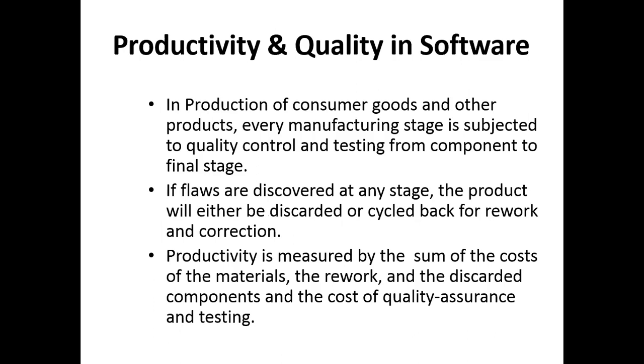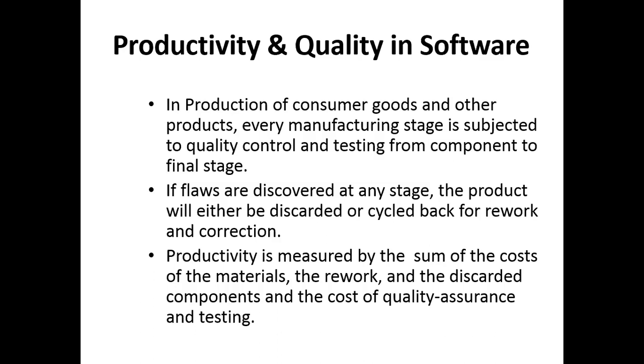So the productivity and quality in software are related to testing also. If flaws are discovered at any stage, what will happen? You have to cycle back, go back, and identify what the defect is, what you are missing. Maybe some requirement is missing. Then rework it, correct it, and so on.